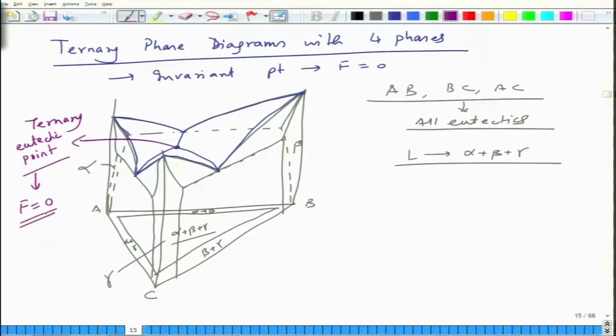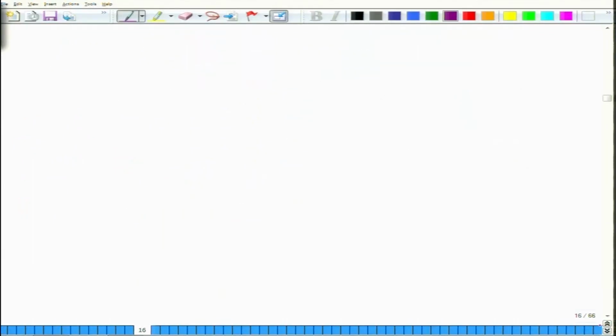So you will not have any independent variable. Generally this is how it is going to look. Then again you can draw the phase diagrams which will vary in space. For instance, you may start with something like this.